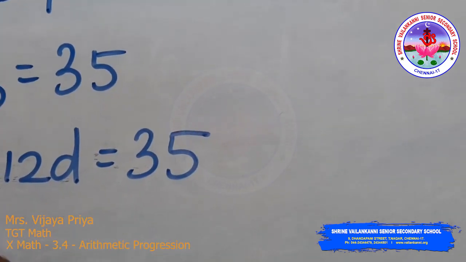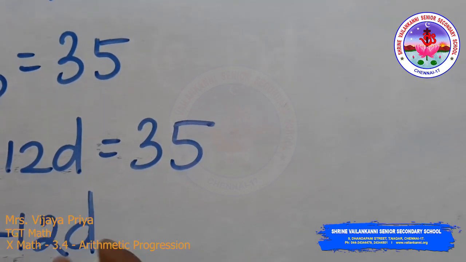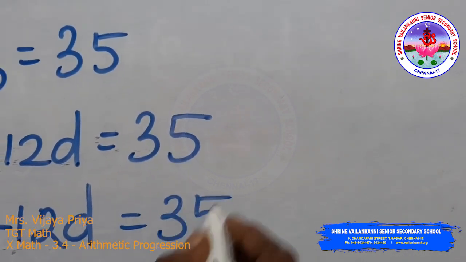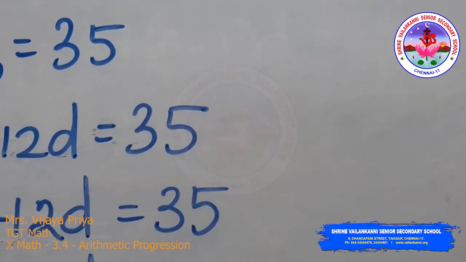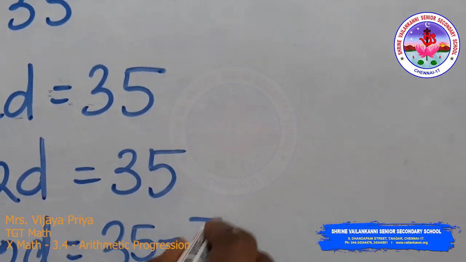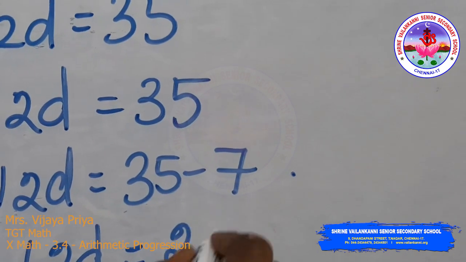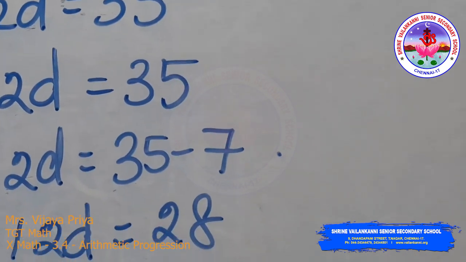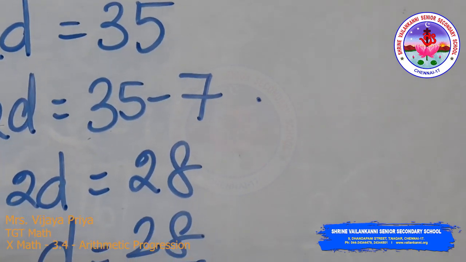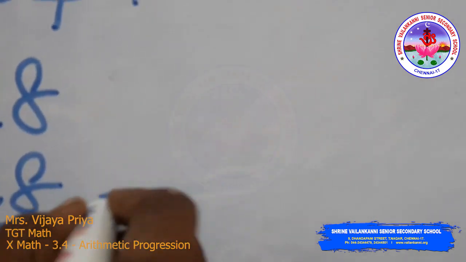Substituting your a value here, I will get 7 plus 12d is equal to 35. 12d is equal to 35 minus 7. So 12d is equal to 28. d is equal to 28 by 12, which I will get as 7 by 3.